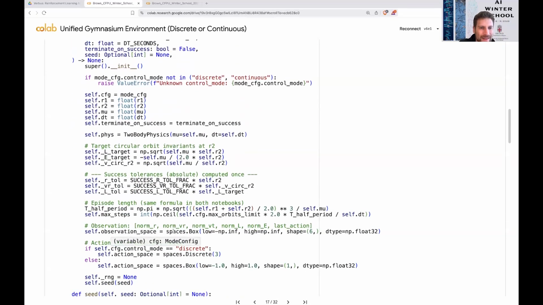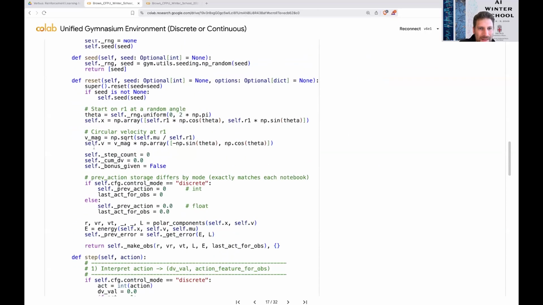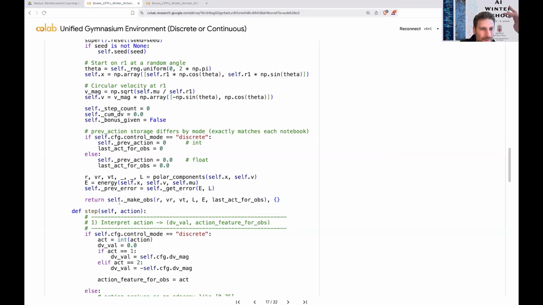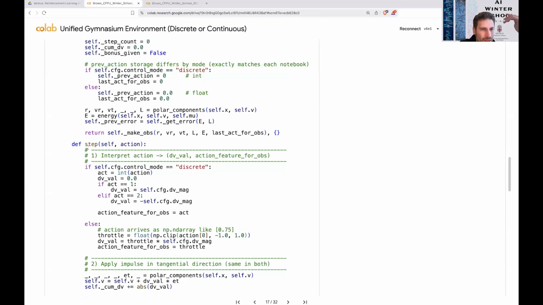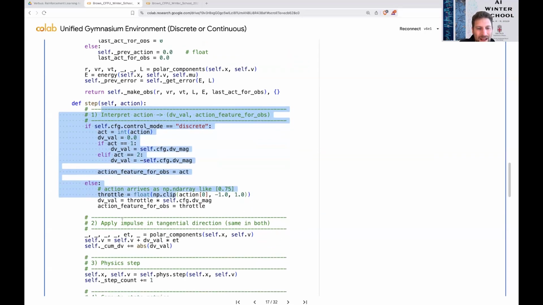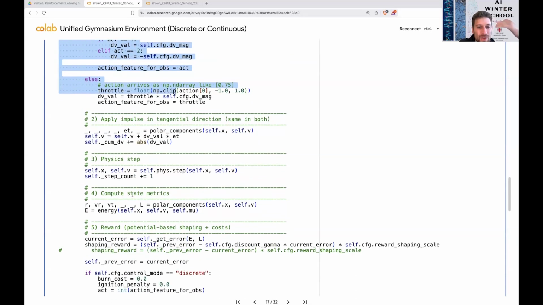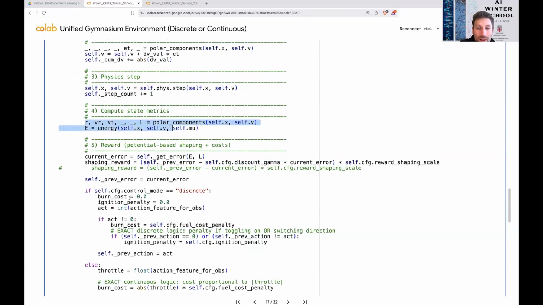We are defining the success tolerances, starting at R1 and some initial velocity, and defining a method for what we should do at every step. The first is interpret the action, apply an impulse, determine how big, do the physics step, so the integrator, compute the metrics for state, compute the reward.